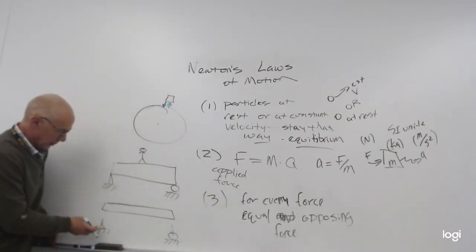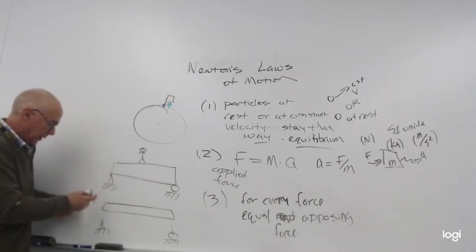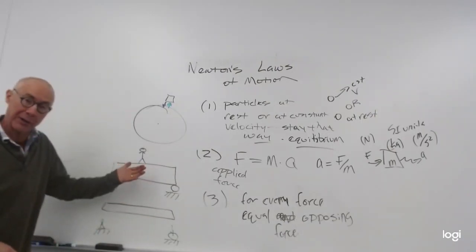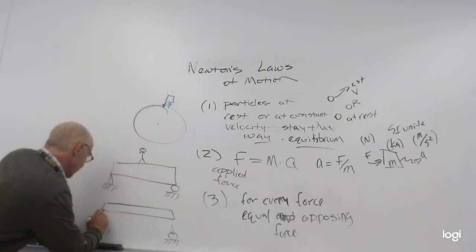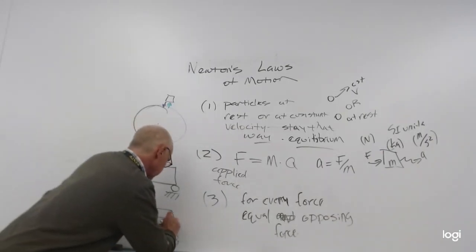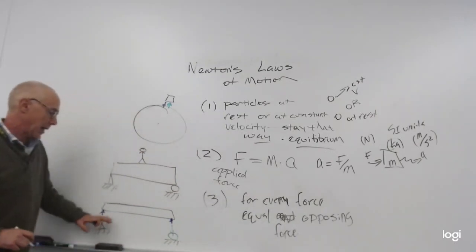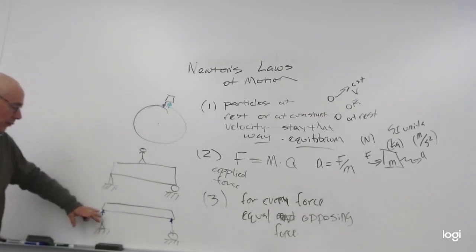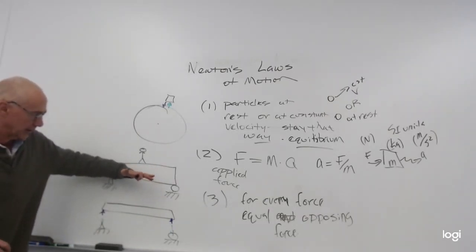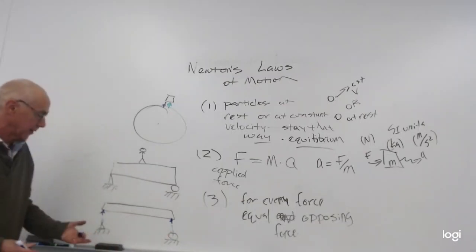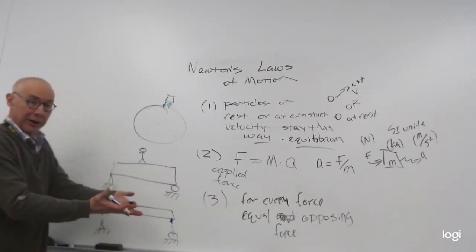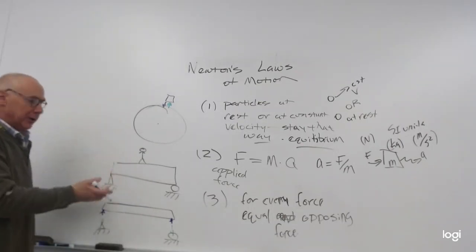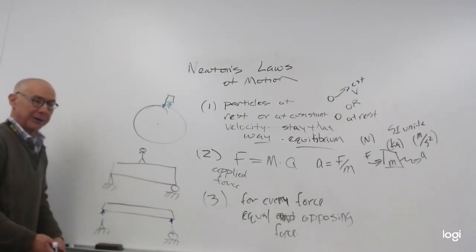And the supports will be applying an equal and opposite reaction response, as we call it, in the other direction, holding up the beam. So this is another example of Newton's third law of motion. The beam acts downward on the supports, and the supports, by virtue of our third law of motion, apply an equal and opposite force upward that keeps the beam from floating down into the ground.